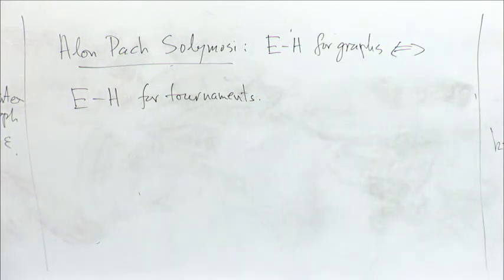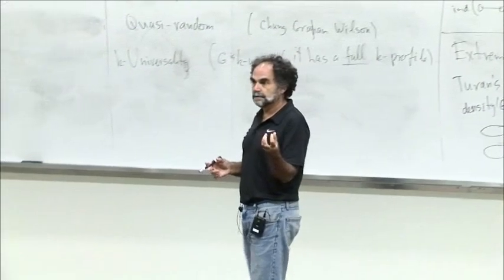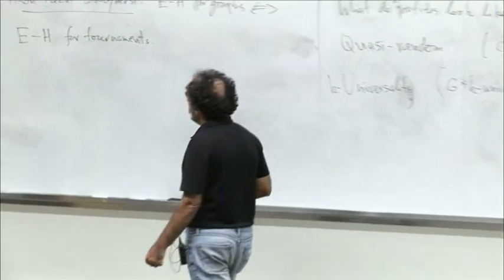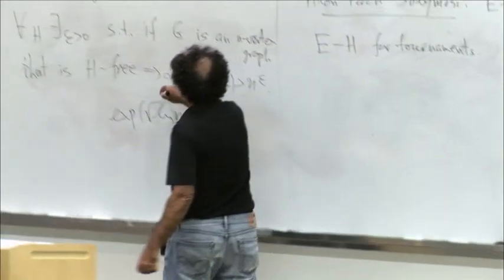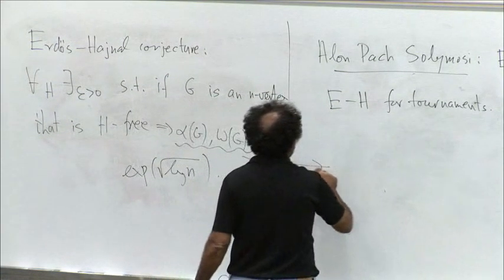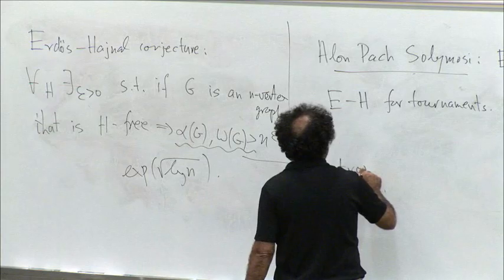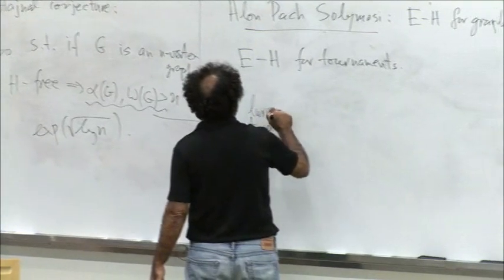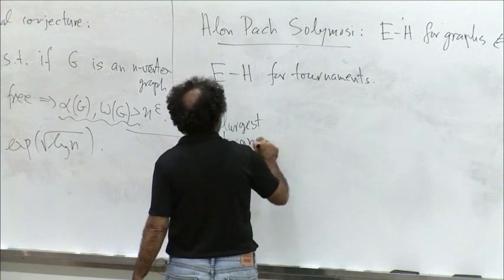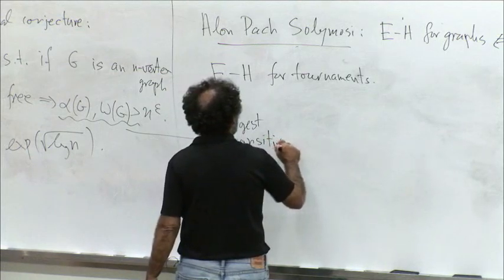What it means for a tournament to miss something, you understand. Let's say we're dealing with the 7 profiles, so there is some tournament on 7 vertices which you cannot find anywhere. What replaces this, the analog of this, is the largest transitive sub-tournament.